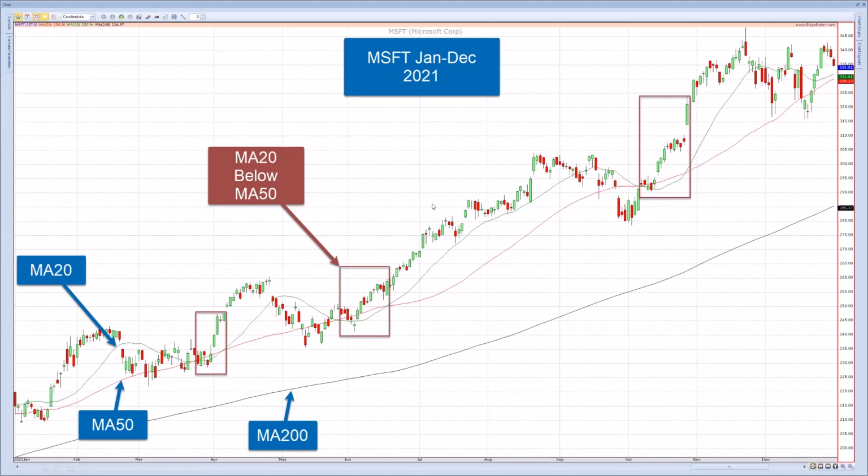So the question you can ask yourself is, would you prefer to trade from the bars that are outside of these boxes? If you had to put your hand into a black bag and pull out a bar to go long on, would you prefer the bag full of bars where the 20 is below the 50, or the bag where the candles are ones where the 20 is above the 50?